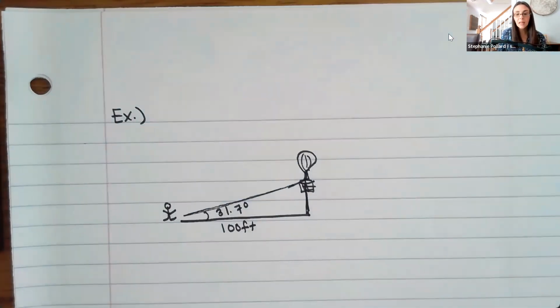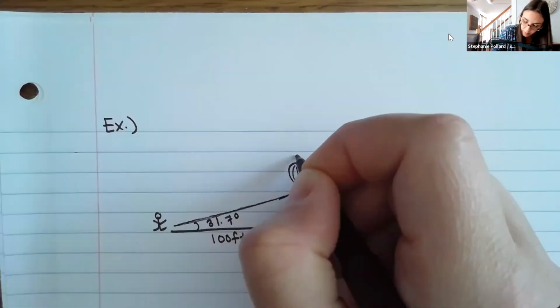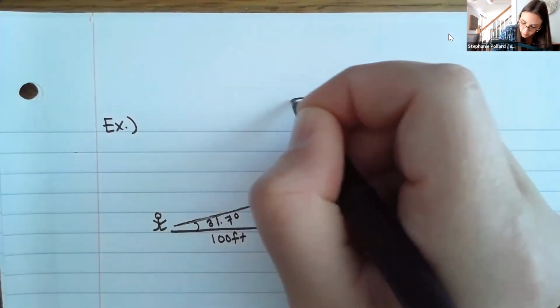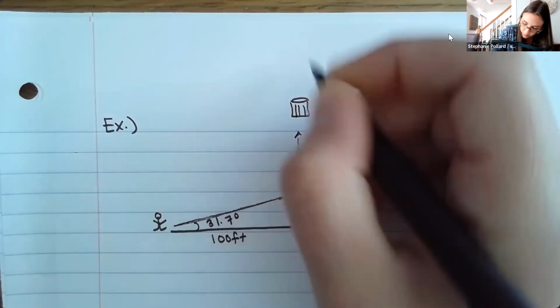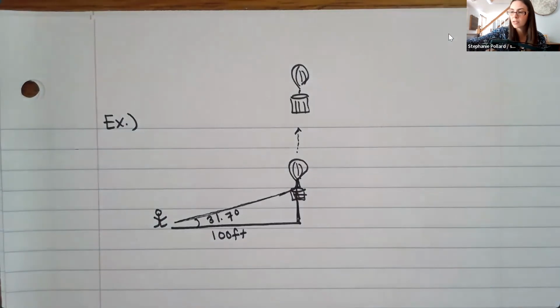Okay, and then the hot air balloon doesn't stop, right? It's going to keep going a little bit higher still. And let's say maybe 1 minute later, the angle of elevation is now 76.2 degrees. So that hot air balloon is going to keep going up, and you go a little bit higher now. I used a different color here just to help show that.